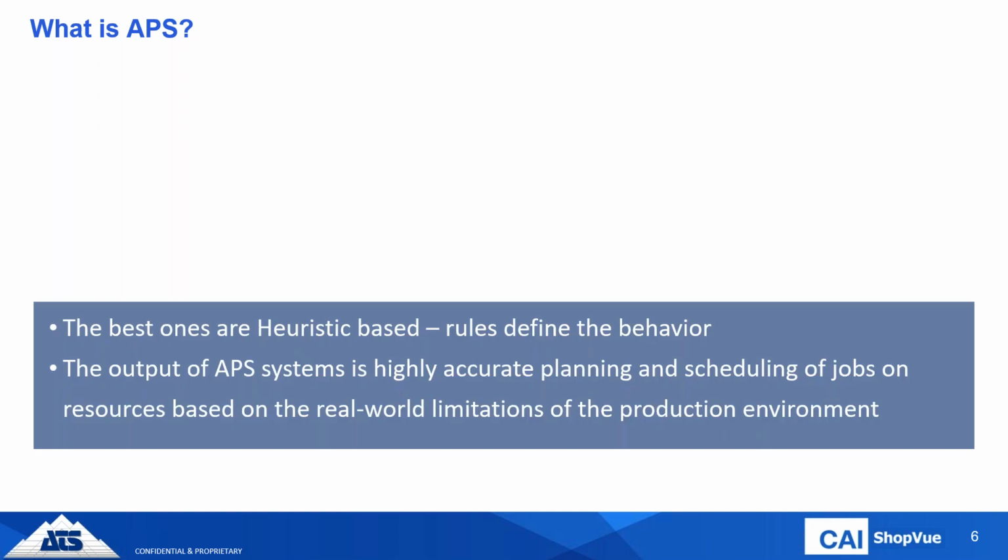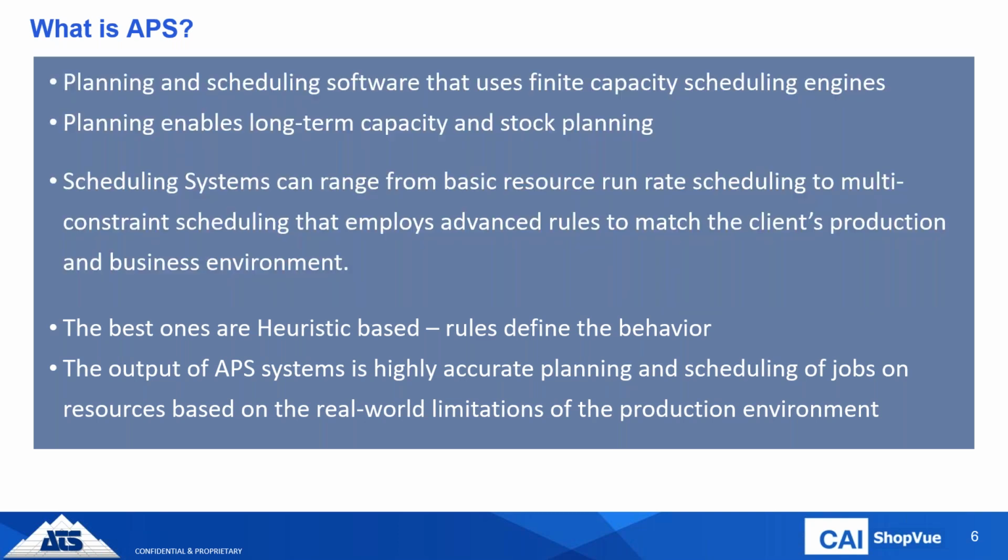But the better ones, the best tools, and UpCenter APS is one of these tools, they are heuristic based. It's rules that define the behavior of the tool, not a mathematical algorithm that could just go on and run endlessly trying to achieve perfection, because if you used a mathematical algorithm, by the time it reached its conclusion, something else would have changed and then the whole schedule would be obsolete and it would have to start all over again.